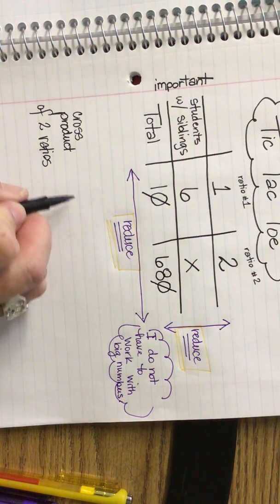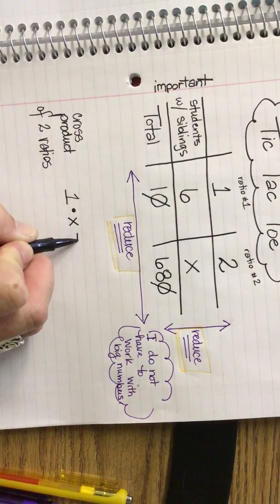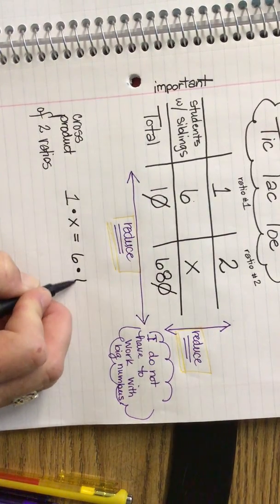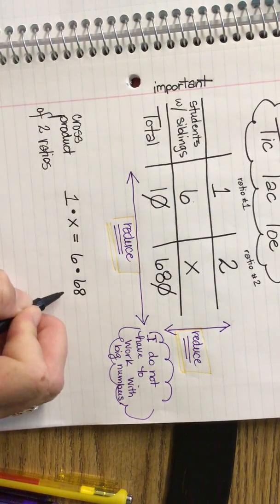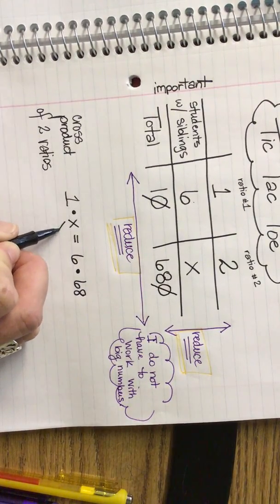Okay? So that means that 1 times x is equal to 6 times 68. Remember, parentheses as well as this dot can tell us to multiply and give us the product. So 1 times x, x.